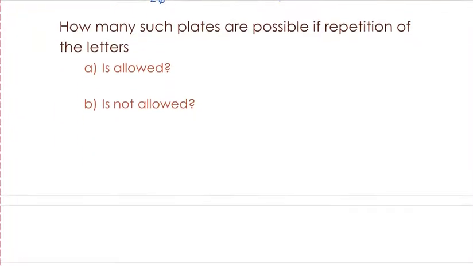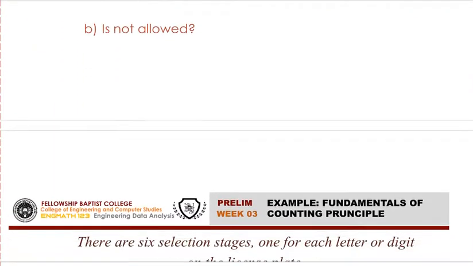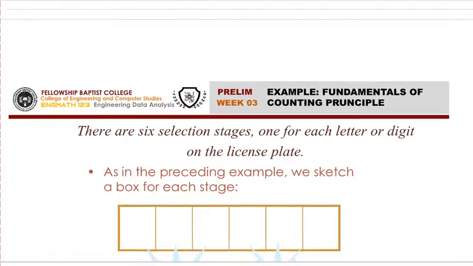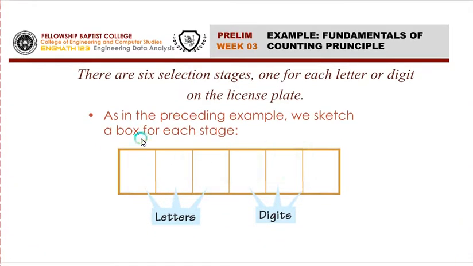Let us represent them by boxes. Since we have three letters and three digits, we have six boxes in all. The first three are for the letters and the last three are for the digits.